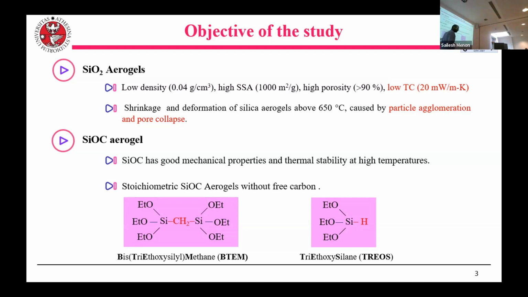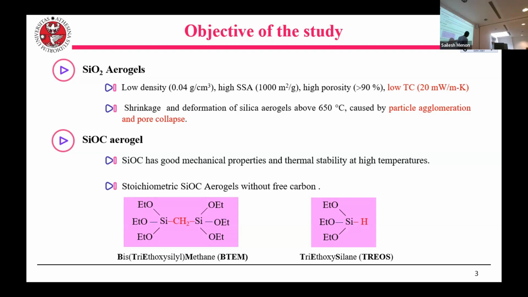For this purpose, we choose two silicon alkoxides. One is bis(triethoxysilyl)methane, usually abbreviated as BTM, and the other precursor is triethoxysilane, or TRIS. Why do we choose these precursors? Because their silicon to carbon ratio is very small, so we start from a low carbon content.